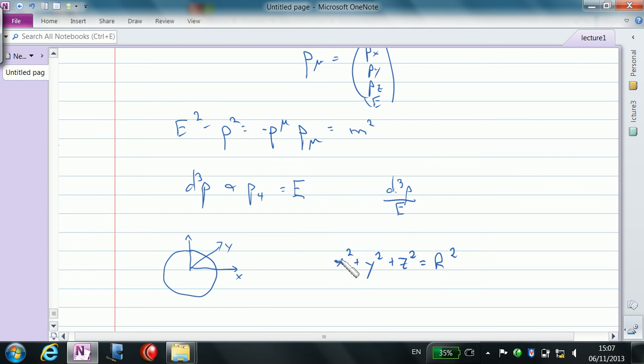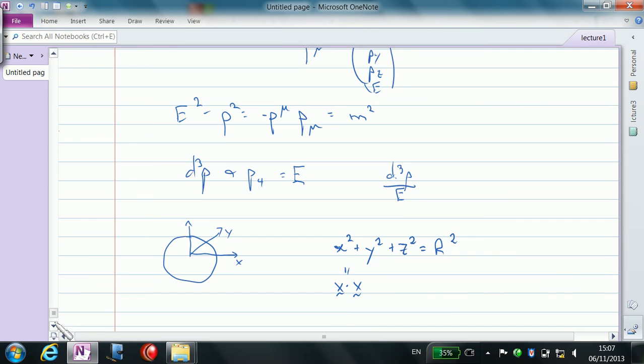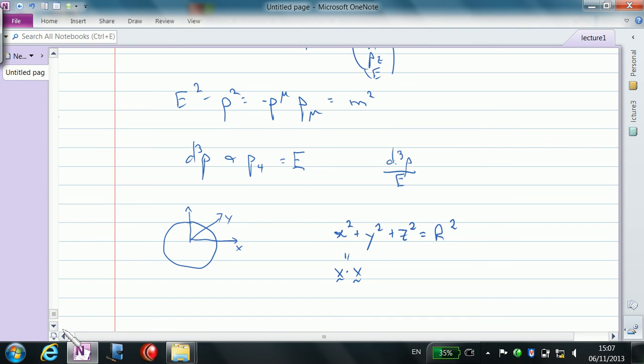Now this is equal to x vector dot x. And now the element dx dy, let's say we took a patch on the sphere around the z-axis, but on the sphere.